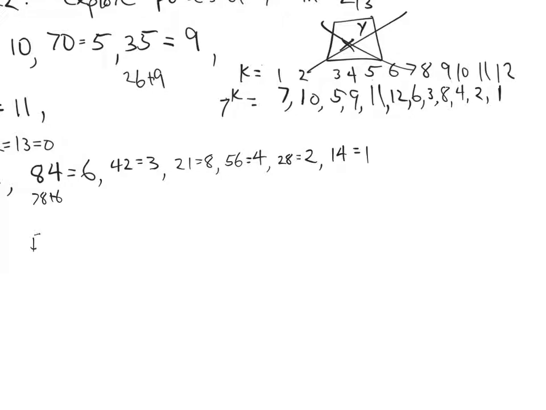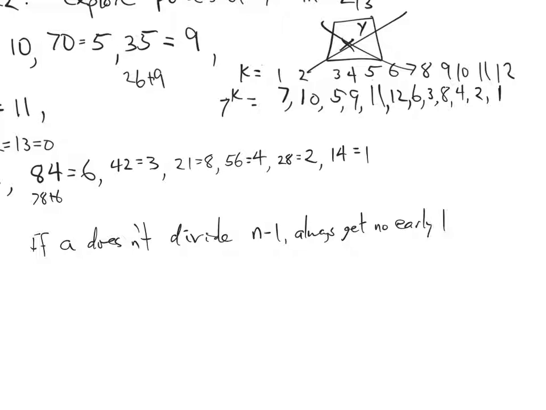In fact, if the number a doesn't divide n minus 1 with no remainder, we're going to show later that you always get no repeats, no early 1.